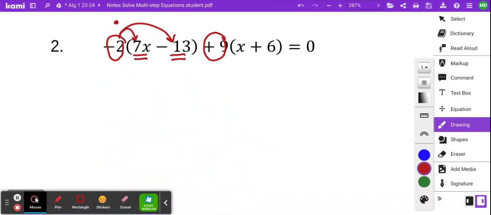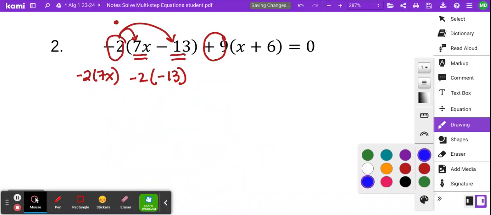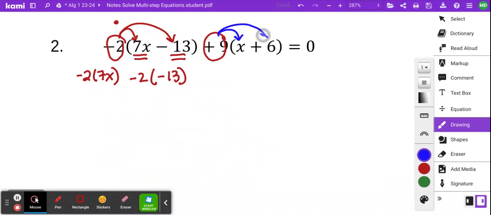So we have our negative 2 times our 7x, and we also have our negative 2 times our negative 13. We have our positive 9 gets distributed to multiply. 9 times x gives us a 9x. 9 times 6 leaves us with a 54. We'll bring down our equals and our 0.